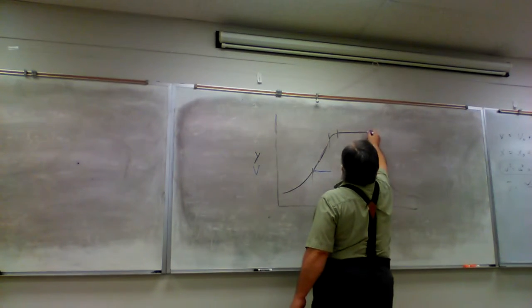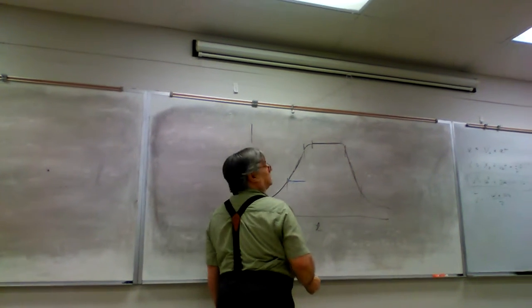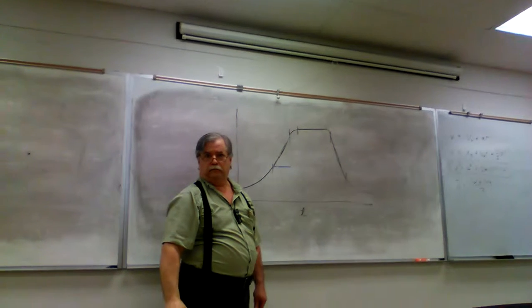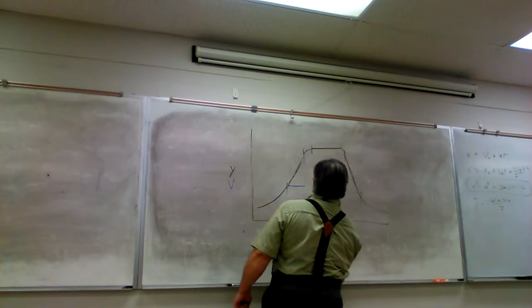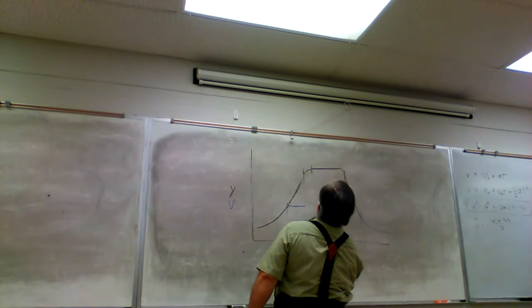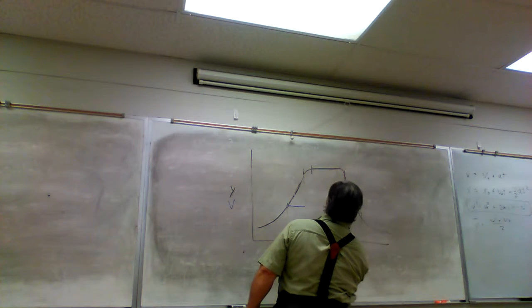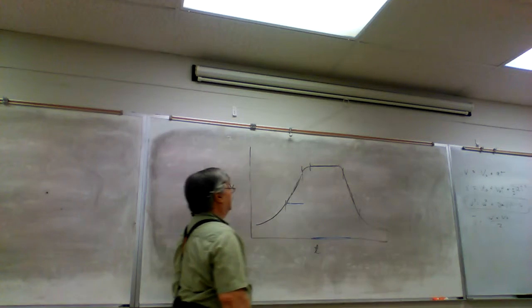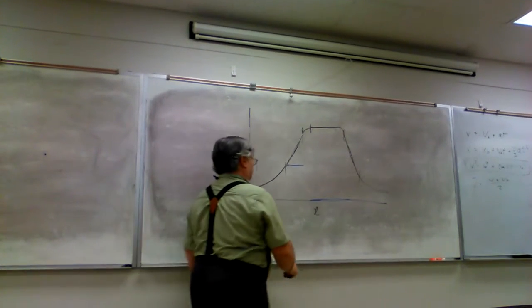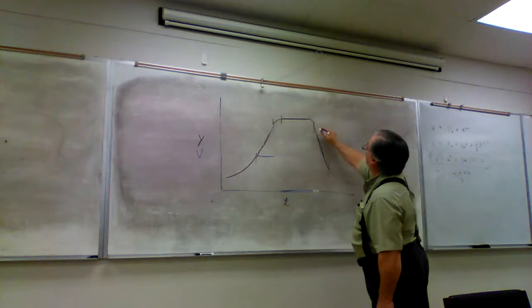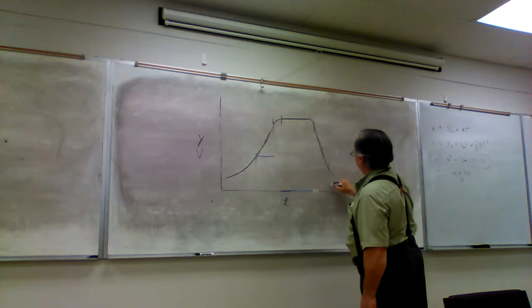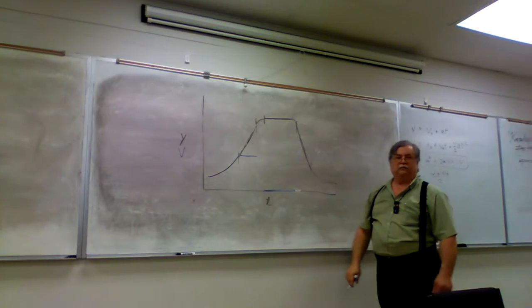What would we know about the velocity from here to here? We would know that the velocity is constant and that it's zero, because from there to there, position isn't changing at all. Did I go too far with that? Yeah, a little bit. Then from here to here, what do we know about the velocity?